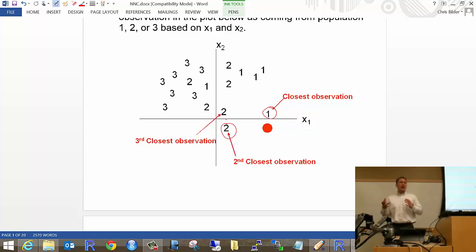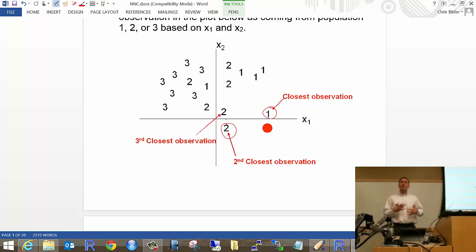But you can see that the observation from population number 1 is a lot closer to the red dot than the observation from population number 2. Because of that, you might think the red dot is more similar to population 1 than to population 2. So essentially you can weight observations based upon their distances.